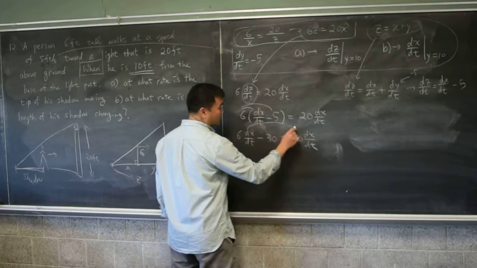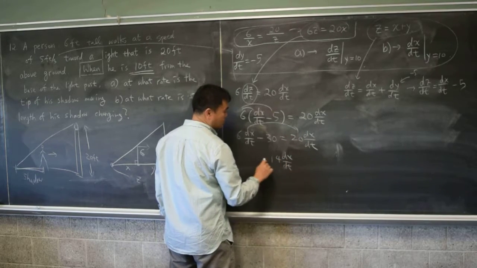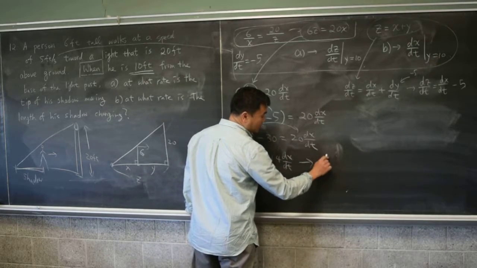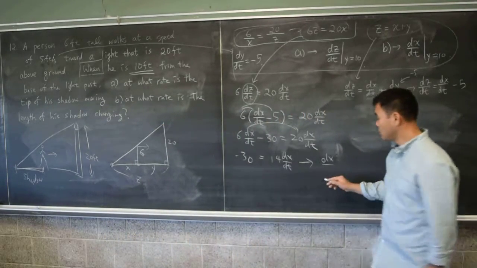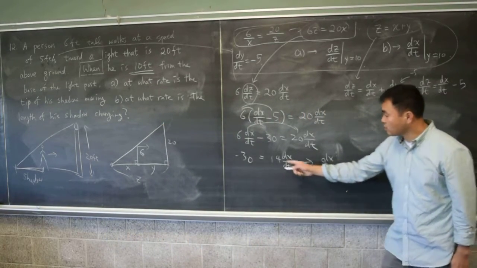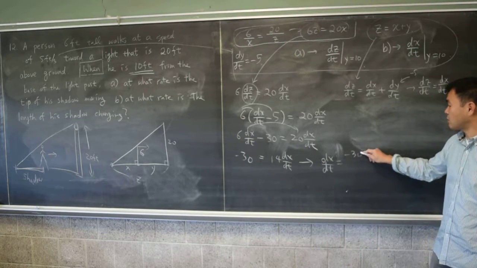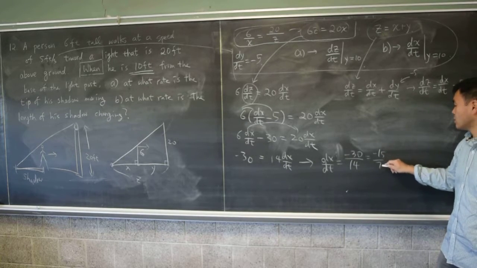And moving it over here gives you 14 dx dt equals negative 30. So solving for dx dt, you can solve it by dividing by 14, right? So negative 30 divided by 14 gives you negative 15 over 7.